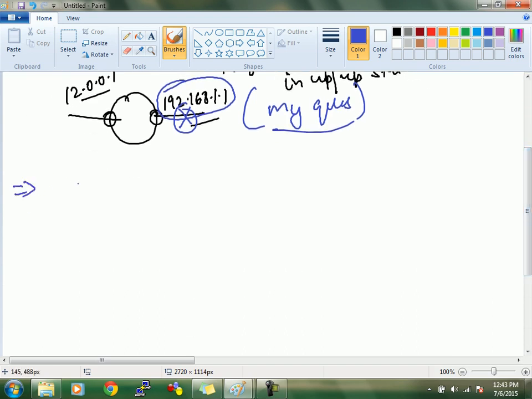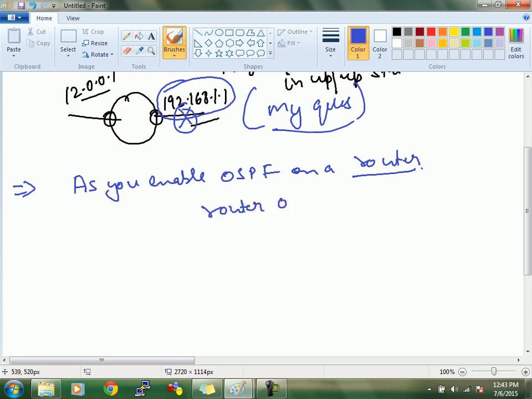Fine. Now, as you enable OSPF on a router, with what command will you enable? Router OSPF command. Agree? The first work the router will do is electing.